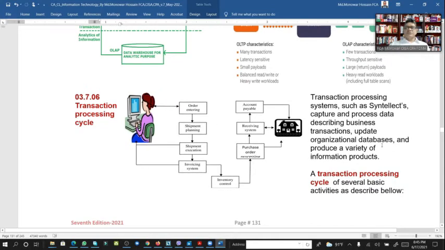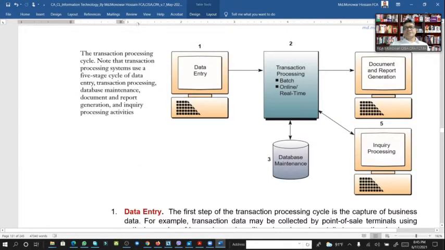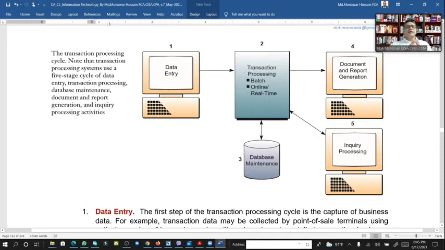If we go for the transaction processing system, this is the main thing. First, data entry. Note that the transaction processing cycle is a 5-stage cycle.